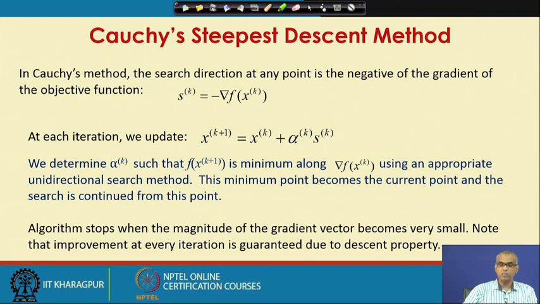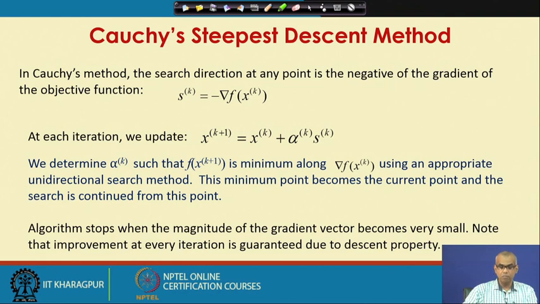So, what you do is at this point again you find out the gradient and update using the usual equation x k plus 1 equal to x k plus alpha k s k. The algorithm will stop when the magnitude of the gradient vector becomes very small or there is no improvement in the objective function value.